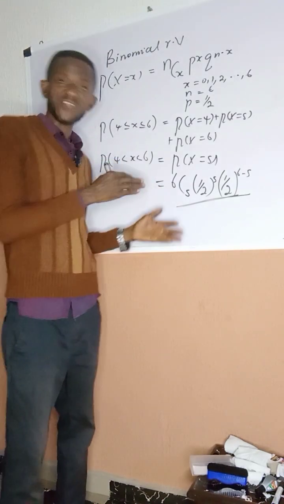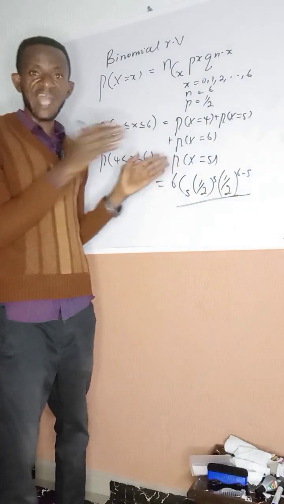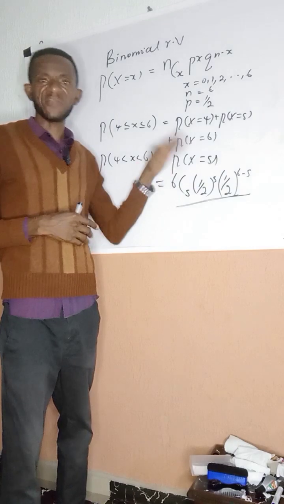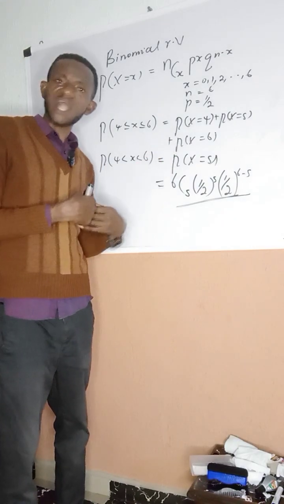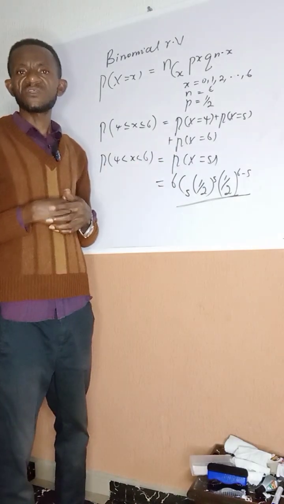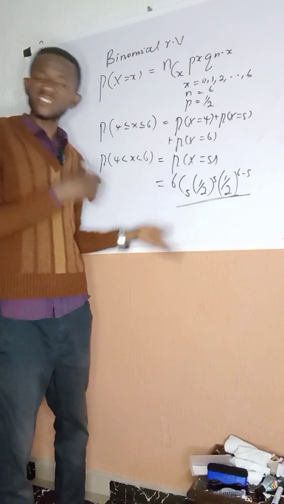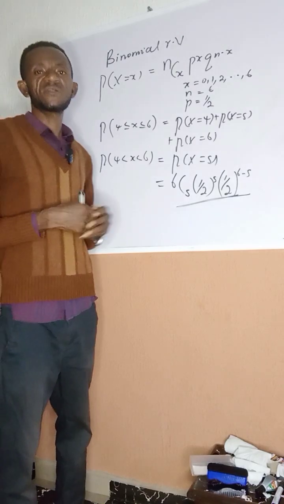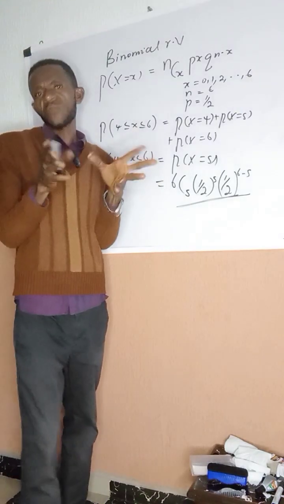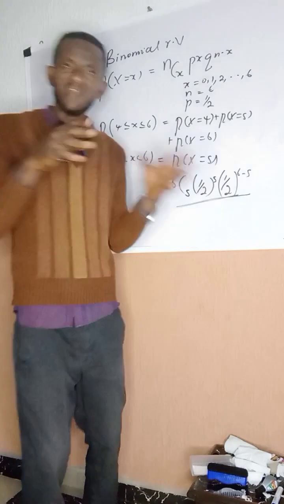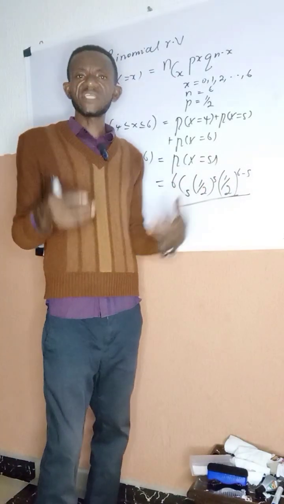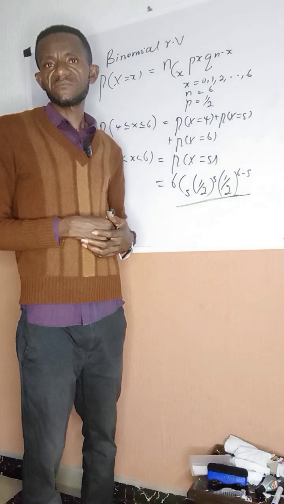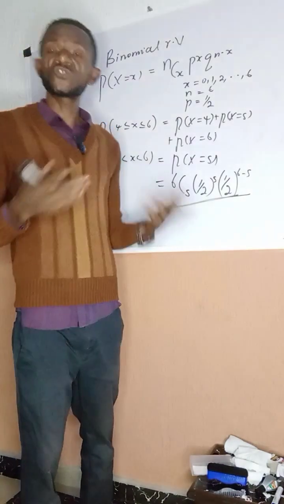We still want to believe that you understood everything we said about the binomial random variable. If you're having a challenge about it, of course, you can drop your confusion or your comments in the comment section, so once we come across it, we'll be able to come to your aid. You can equally look at a scenario where we have a manufactured product and someone says the probability of a defective item is 1 over 2.